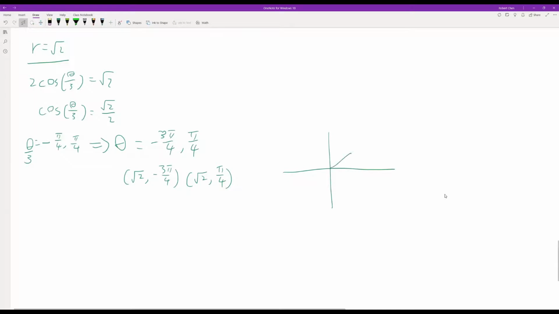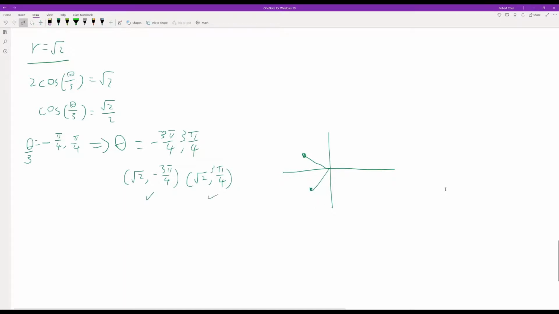Radical 2, 3 pi over 4 is about here, and radical 2, negative 3 pi over 4 is about here. So they are different points.